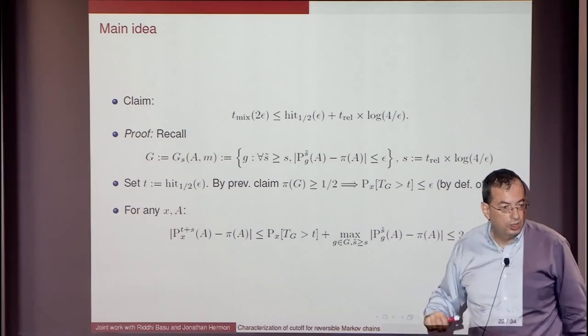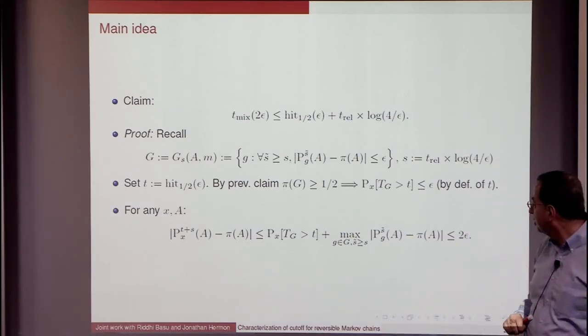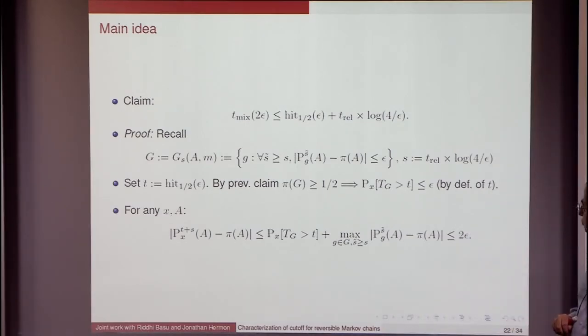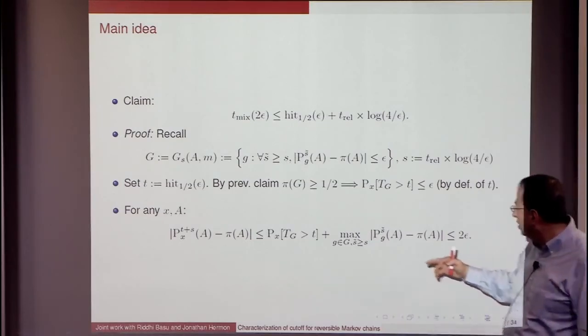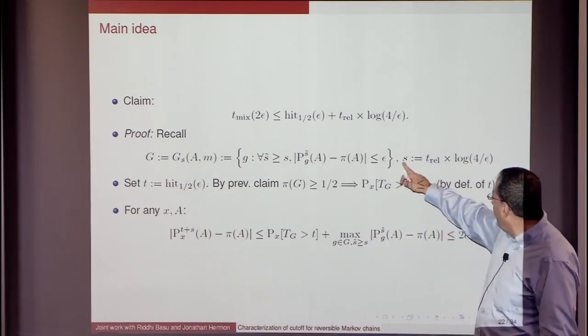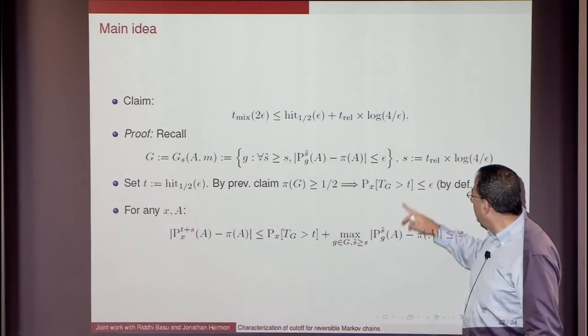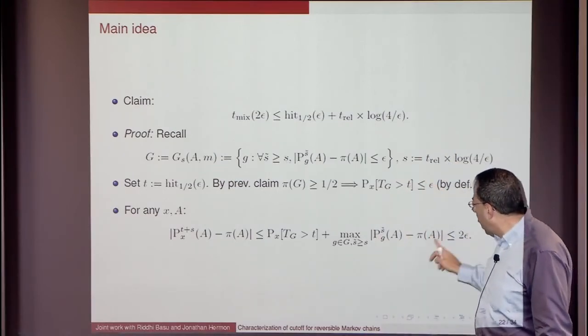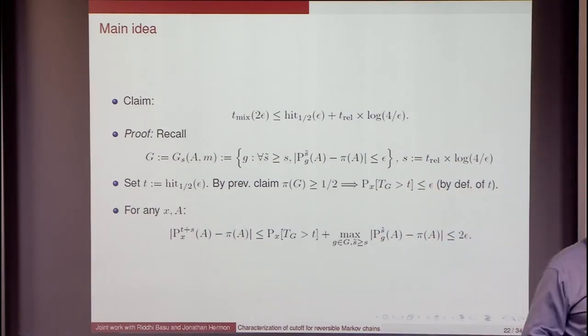So that's how we chose it. In other words, S was chosen here to be this, and large enough to ensure that this term is less than epsilon. Okay? Any questions?